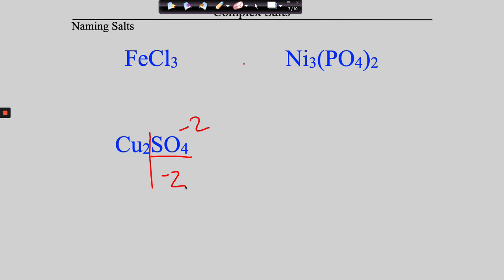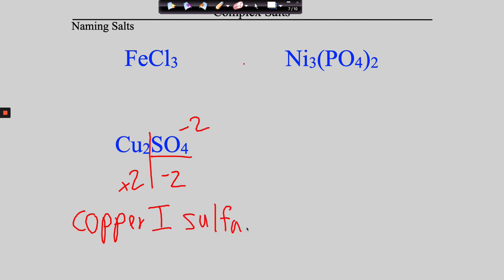Yes? Now set it equal. This is +2. And now guys, +2 divided by 2 is 1. So what that means is this is copper 1 sulfate.